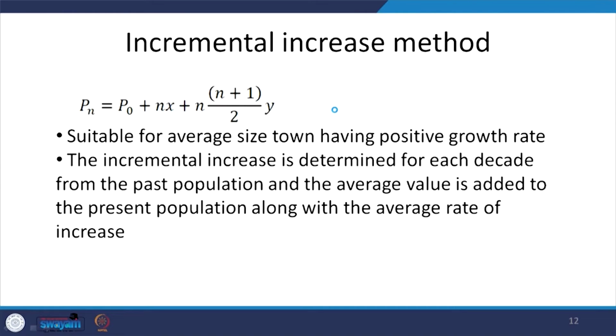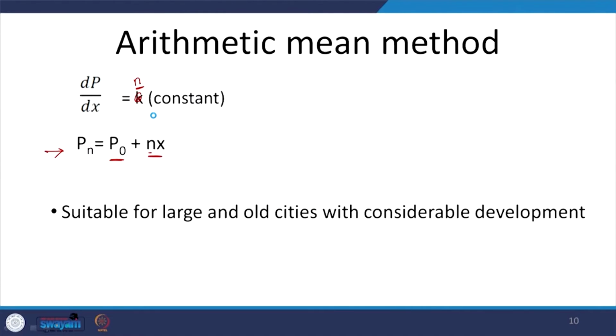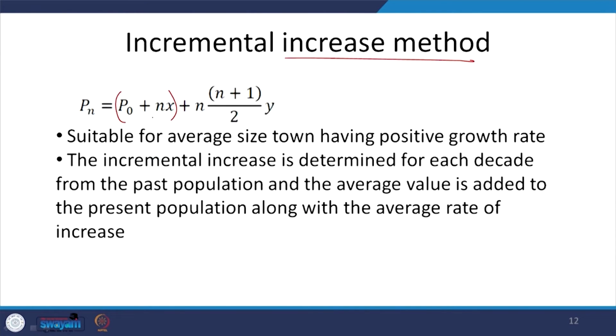Another one is incremental increase, as in it's an increase, but it's not going to increase at a constant rate, but incrementally. So let's say 4, 5, 6, 7. Again, I just use random terms, but you understand what I'm trying to get at. If you see the formula here, this is for that arithmetic mean method, but here we also have these incremental increase terms.